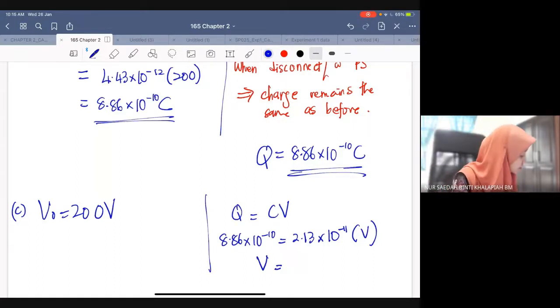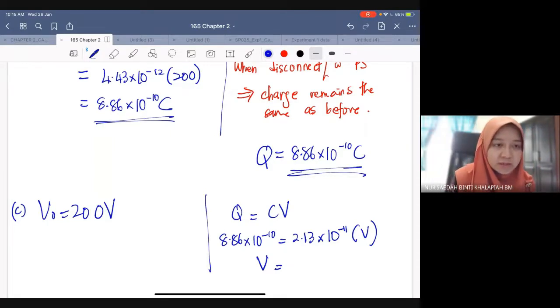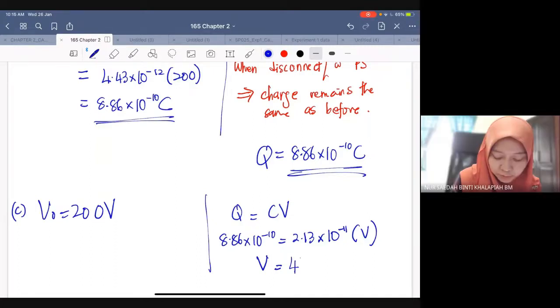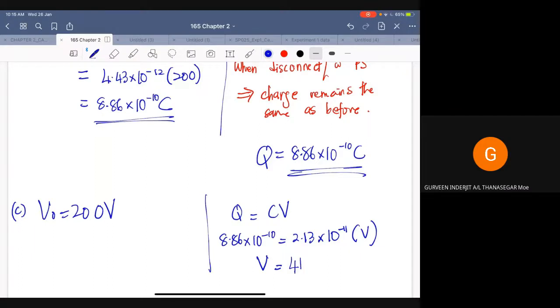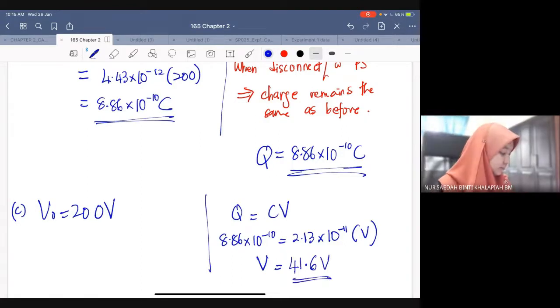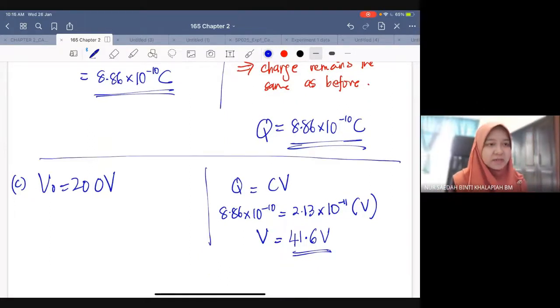Madam saya tekan kalkulator. 41 saya dapat. 41 point, ada perpuluhan, 596. Okay, so 41.6. Boleh? Boleh yang lain? Okay, boleh? Faham?